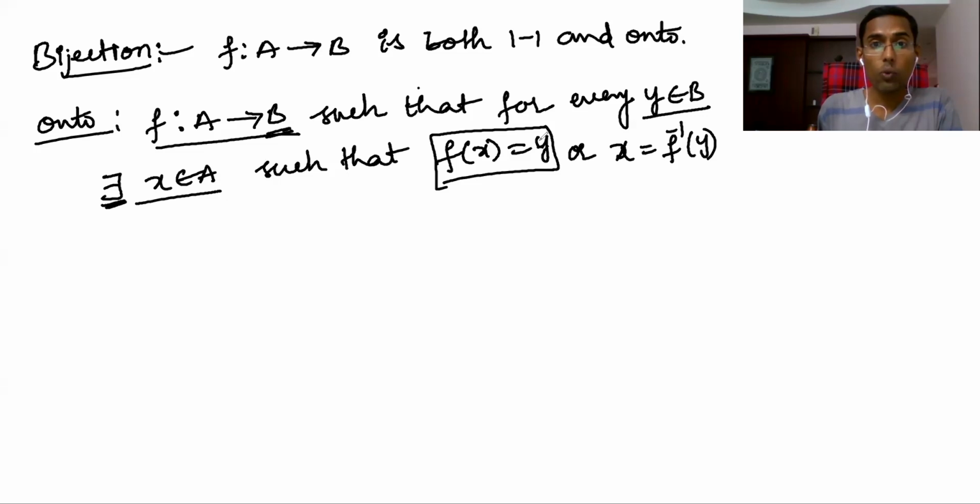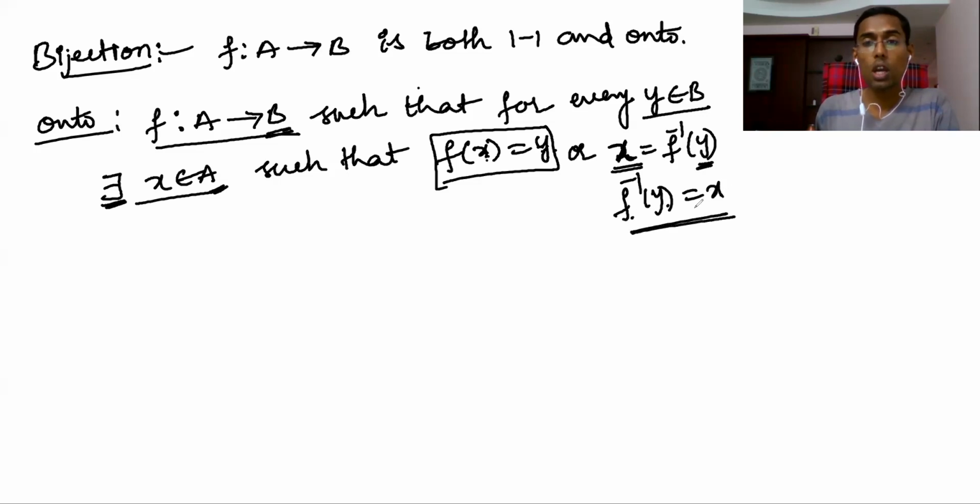That means for y there exists a pre-image x in the set A. So y has pre-image x. F inverse of y equal to x is called inverse image or pre-image, and f of x equal to y means image of x equal to y.